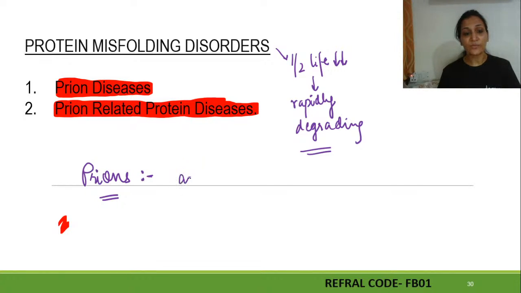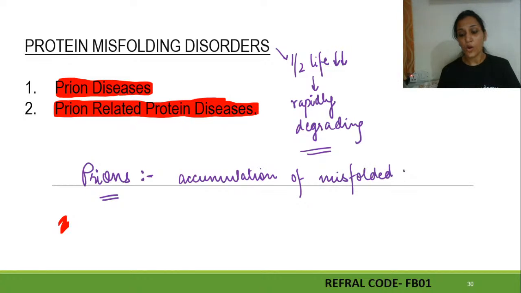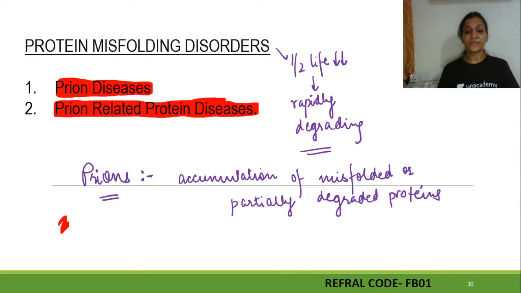Prions are the accumulation of misfolded or partially degraded proteins. Right? What are prions? They are the accumulation of misfolded or partially degraded proteins. So this is your prion.